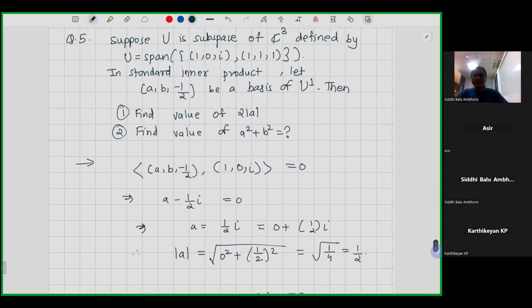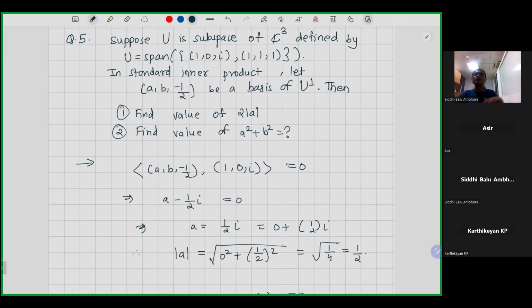So one thing, please understand that when we have vectors and we have its orthogonal complement, we know that if W is a subset or subspace, its orthogonal complement will always be a subspace.